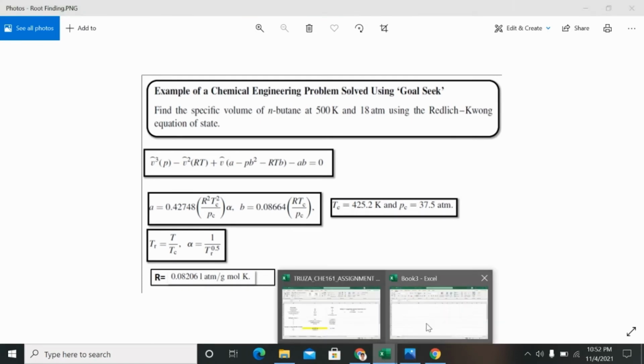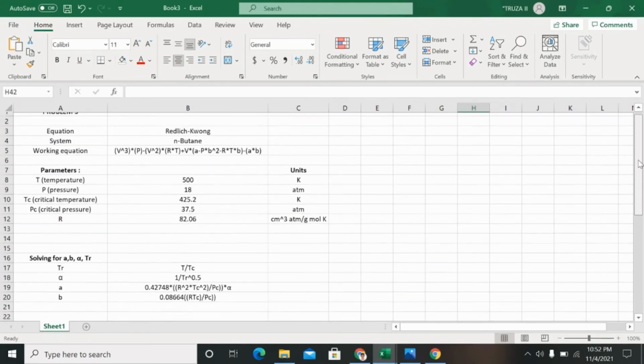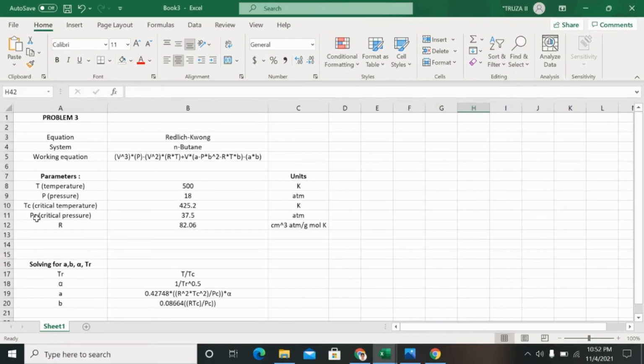So to solve this using goal seek in Excel, I just put already the given here to minimize the time. We are required to use the Redlich-Kwong equation. Our system is N-butane and our working equation is this.